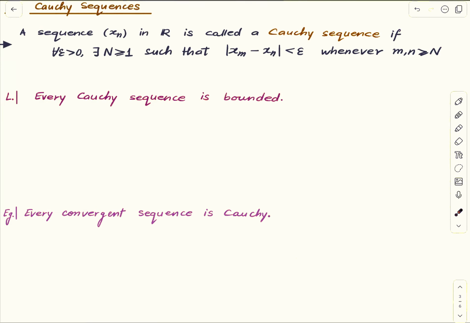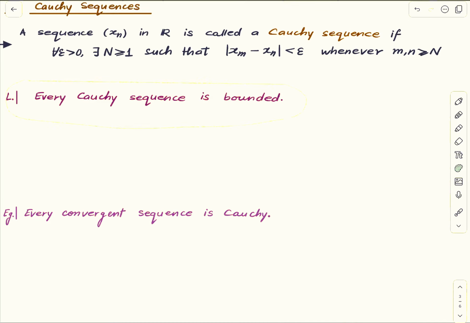I don't want to say too much about the definition because it's not intuitively very easy to digest this notion. All right, but to understand things better, we will fully characterize Cauchy sequences in this lecture itself.